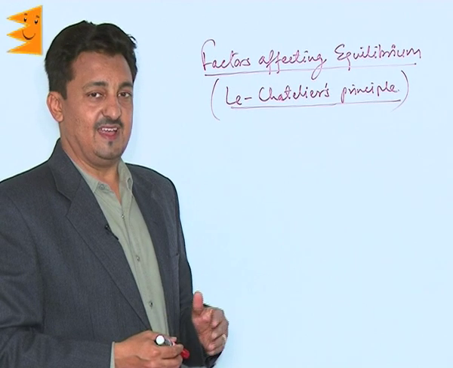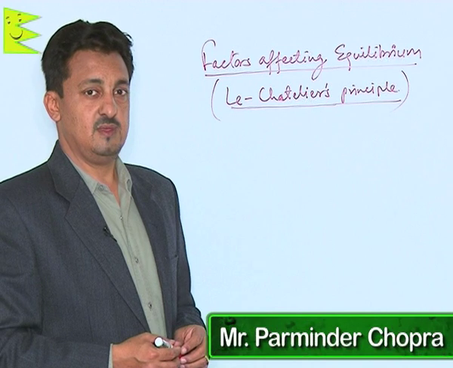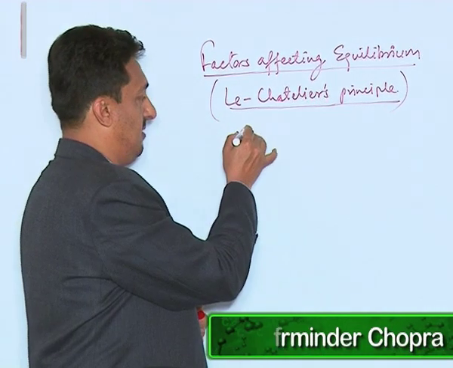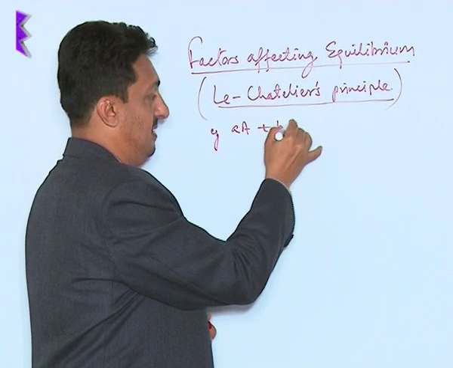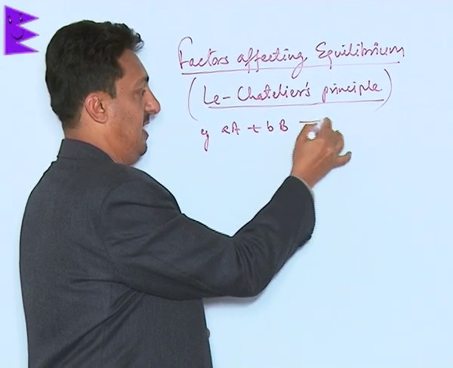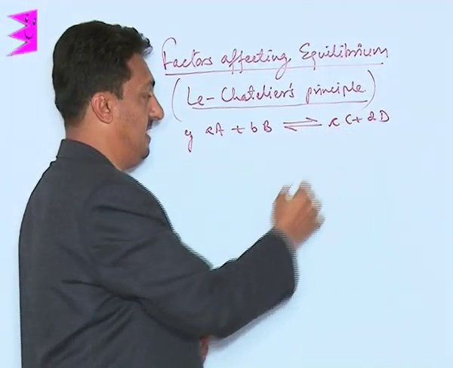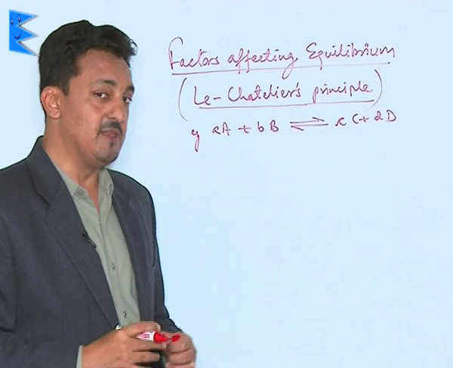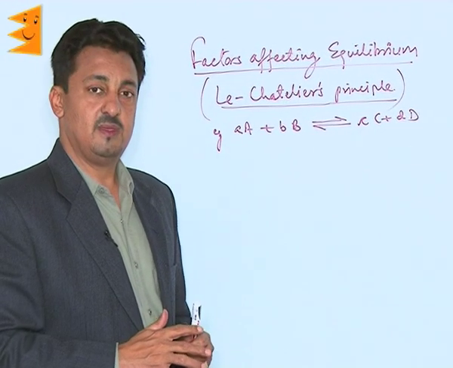Now let us understand the factors which affect the state of equilibrium. Suppose in this example, A moles of A combines with B moles of B to change to C moles of C and D moles of D, and is at the state of equilibrium. We know that the system will remain in the state of equilibrium.